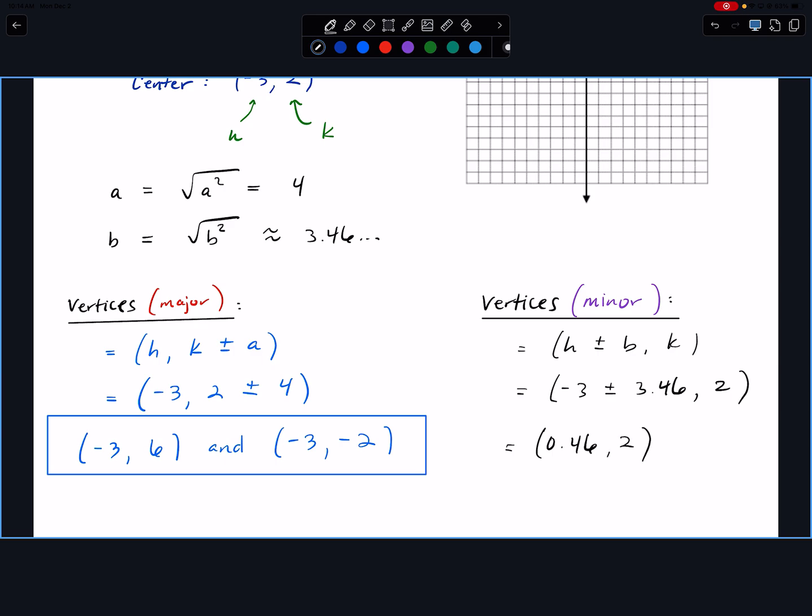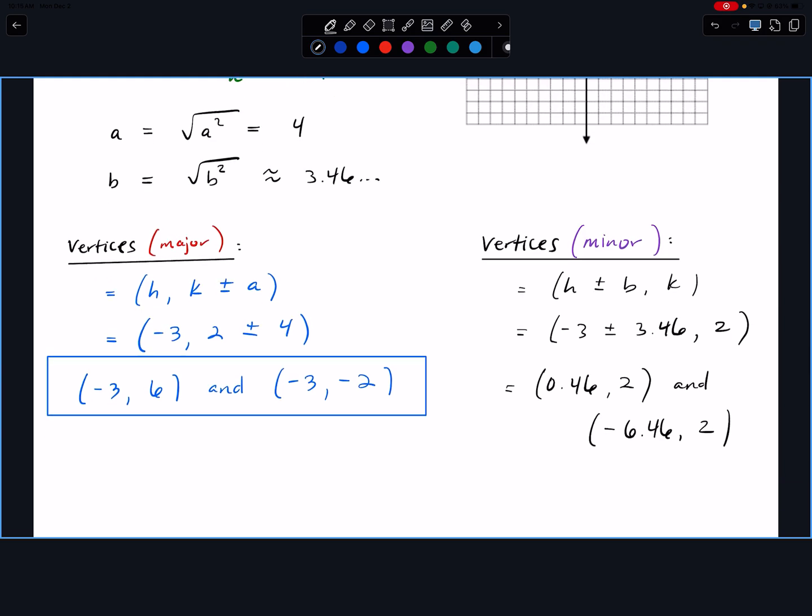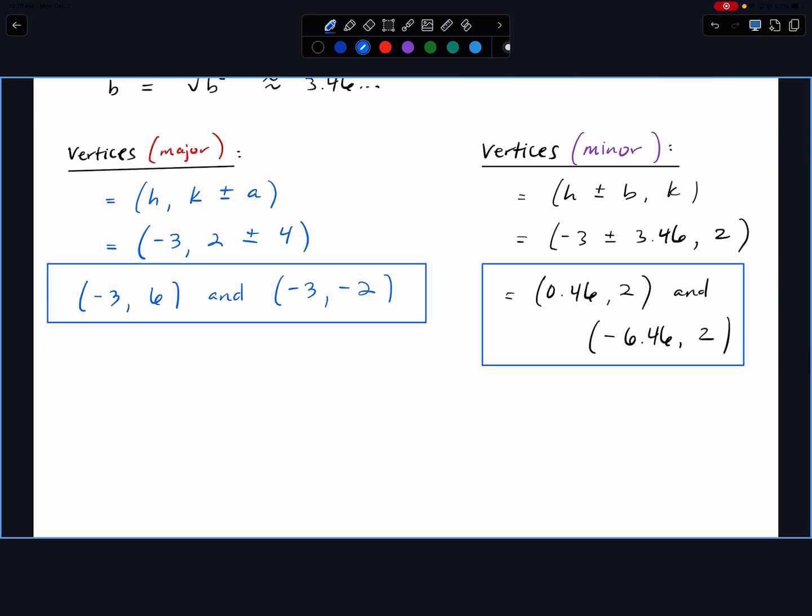What about -3 minus that number? -7? -6.46? I don't know why I thought it was going to be uglier than that. It's still pretty ugly, though. Okay.